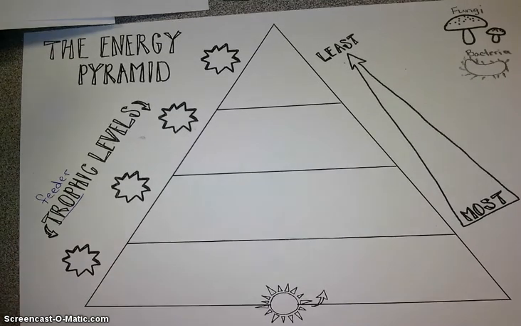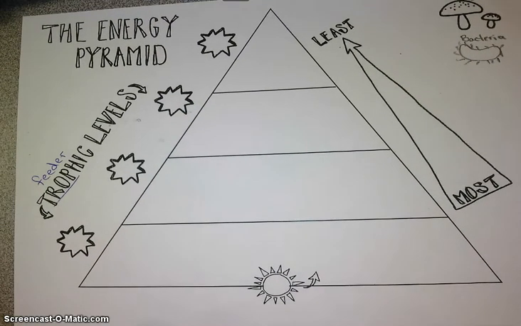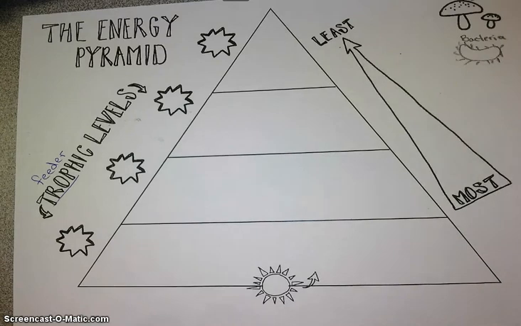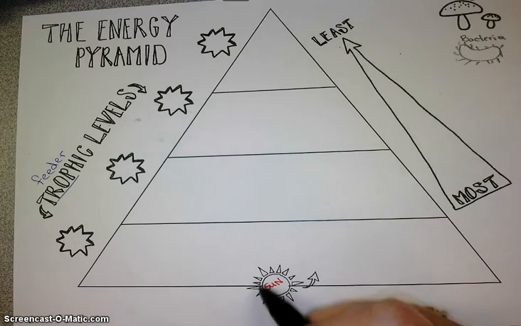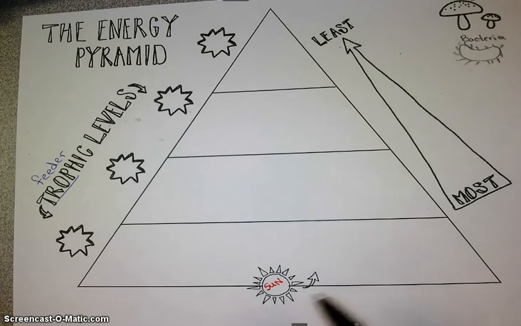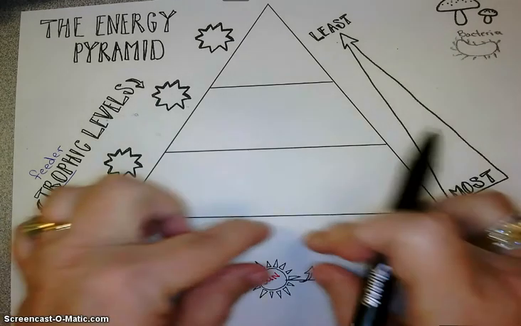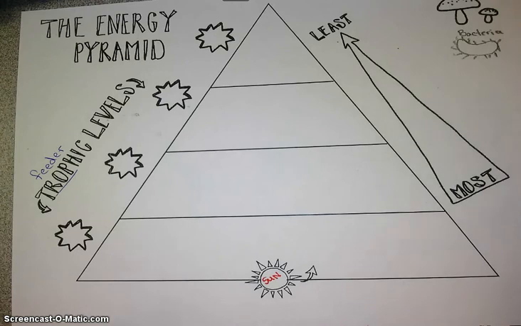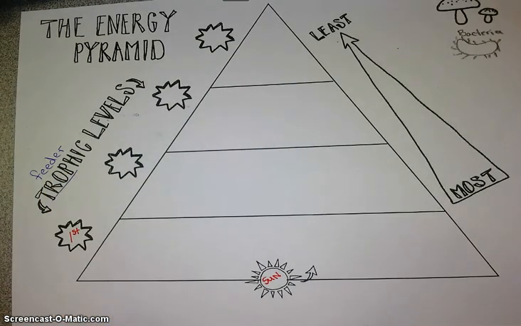And all of our energy originates from the sun. So the sun is drawn on here. It won't always be, but on this particular one, I like that they draw the sun, and then they show an arrow going from the sun to this bottom level. And this is our first trophic level, or our first level.